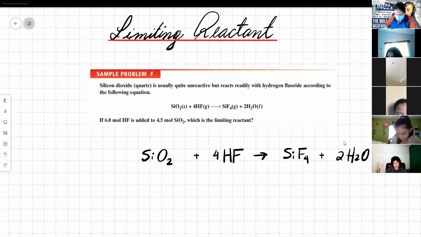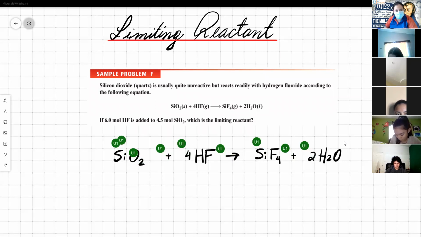So that is the equation for this. I'm just going to move it a little bit to the center.